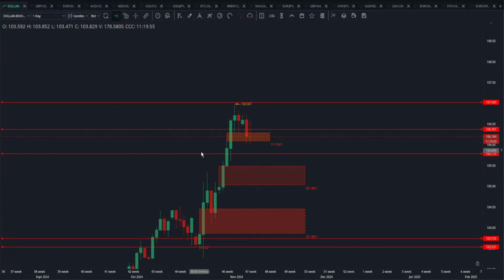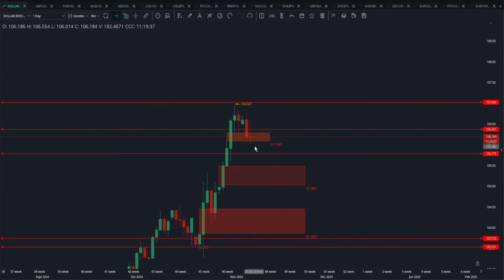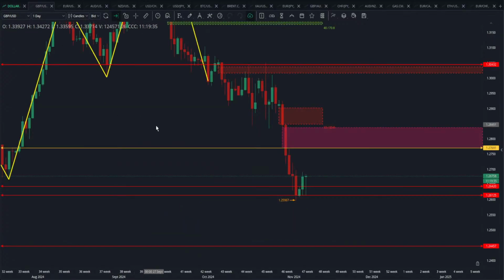If the price has to close below this, then we will start looking for the selling opportunity. But till the time that is not happening, we are looking for buying opportunities in the dollar, and we'll talk about shorting the other currencies against the dollar. But notice that there is a pullback, more red, so we'll be cautious. In the long term, of course, the dollar is going up, but in the short term, it is going down.